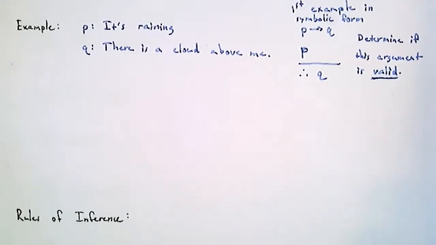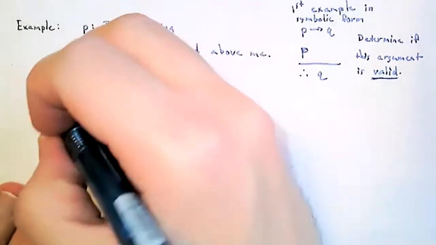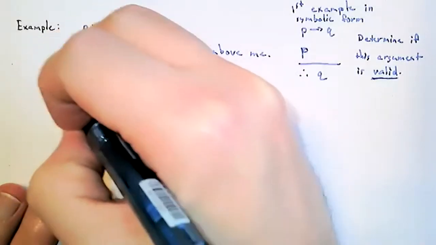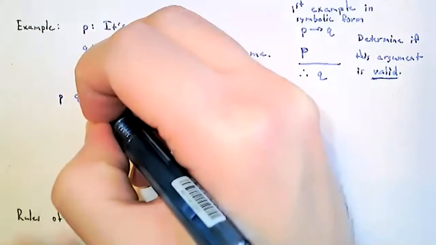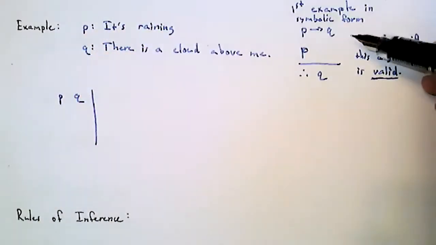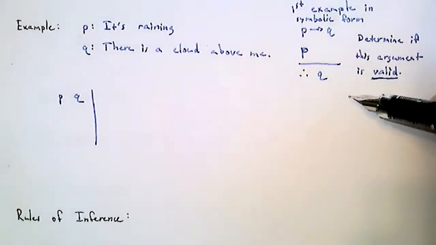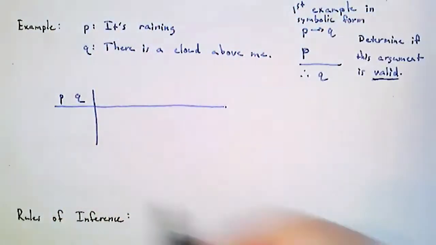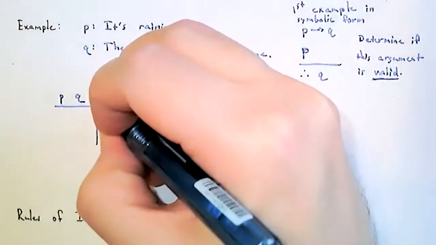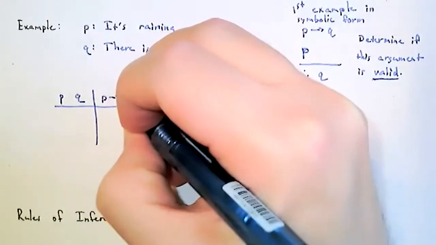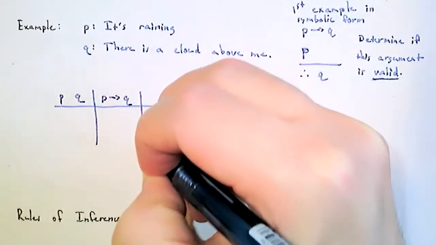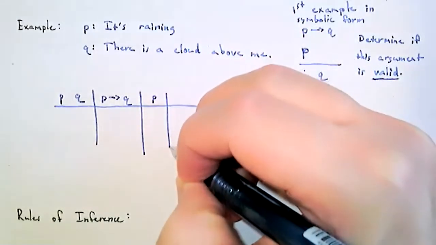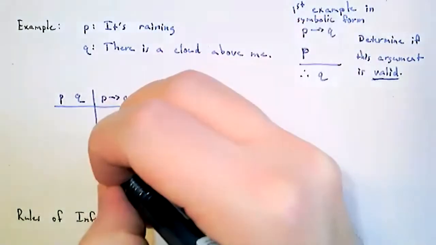So what I need to do is make a truth table with my simple propositions P and Q, and then I want to add columns for each of the hypotheses and the conclusion. So I'll make a column for the conditional, if P then Q. I'll make a third column for P, and then a fourth column for Q.